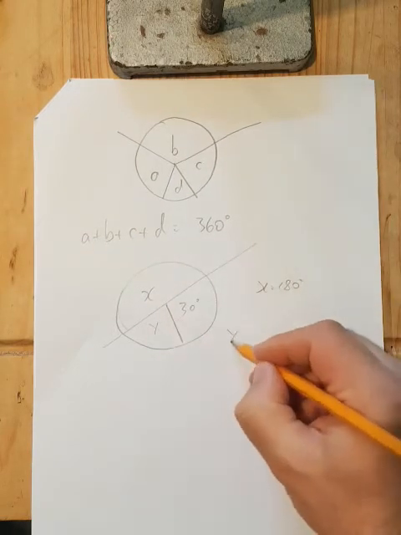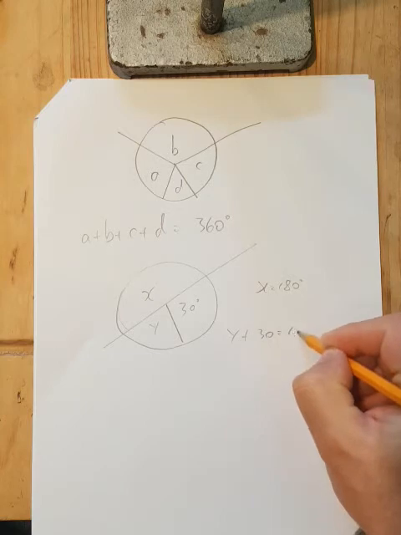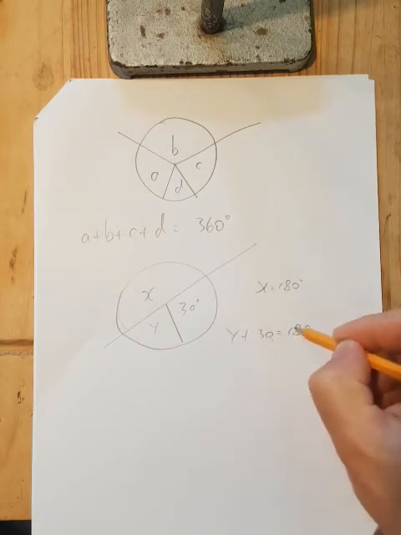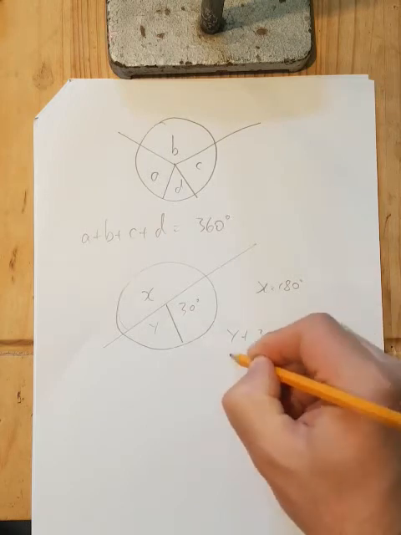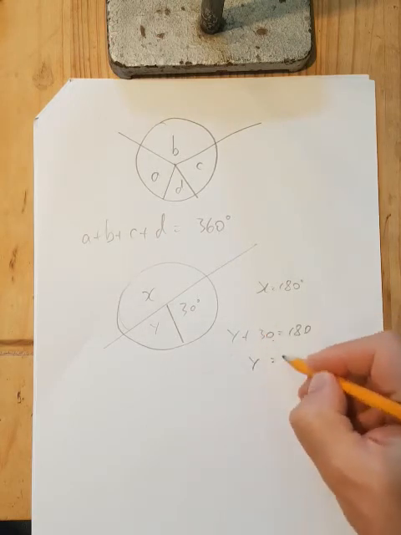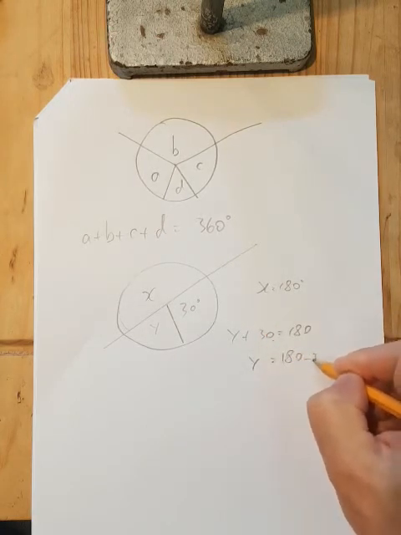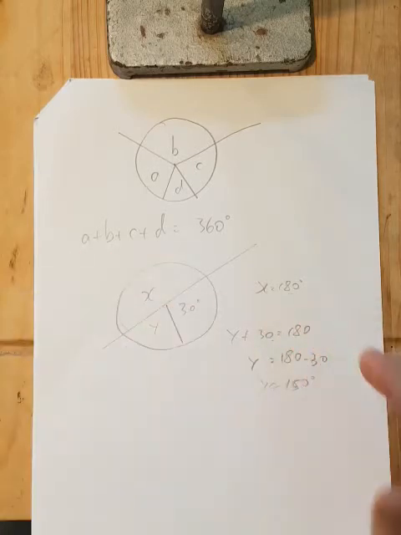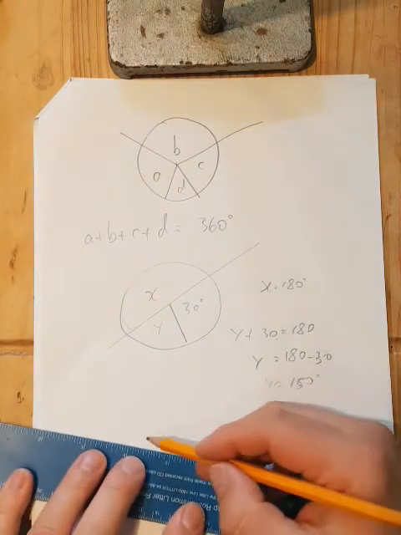Now let's look at this one here. Y plus 30 is equal to 180. Going back to my previous examples, y plus this equals this is the same as saying y is equal to this minus this. 150 degrees.